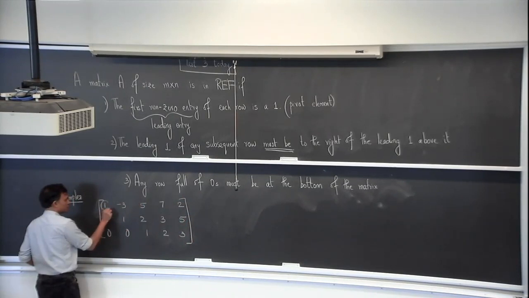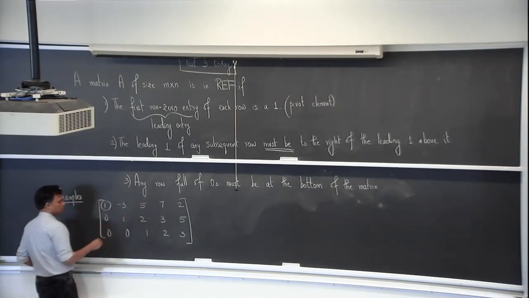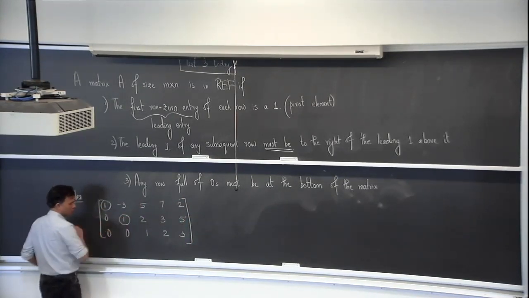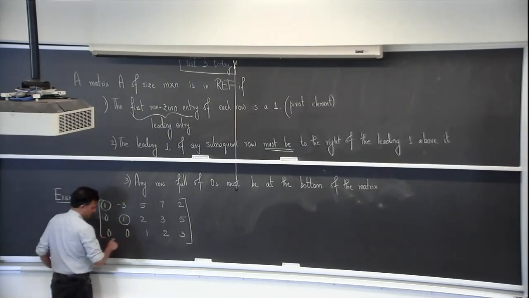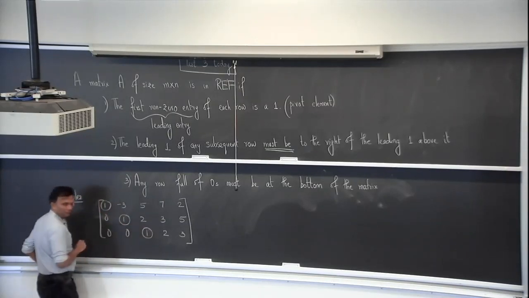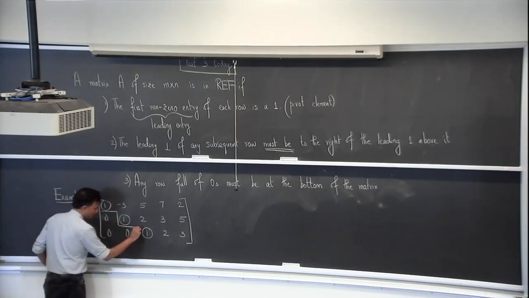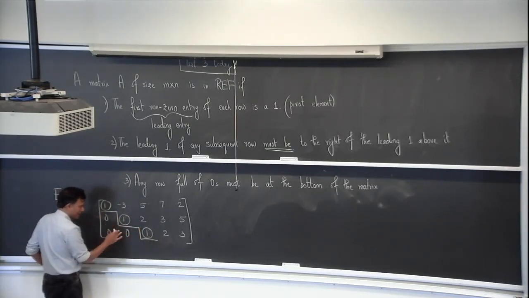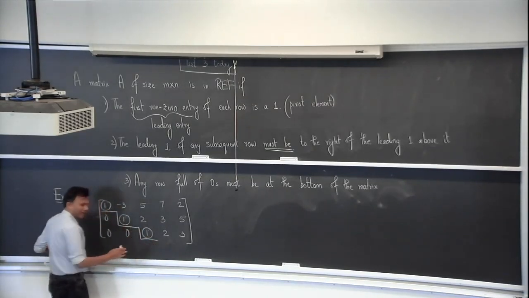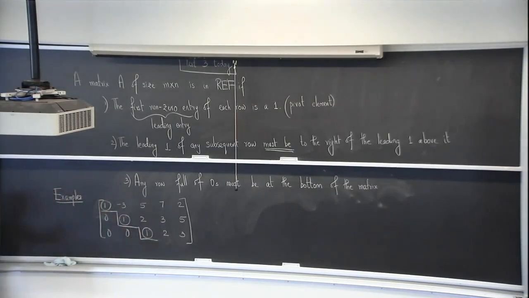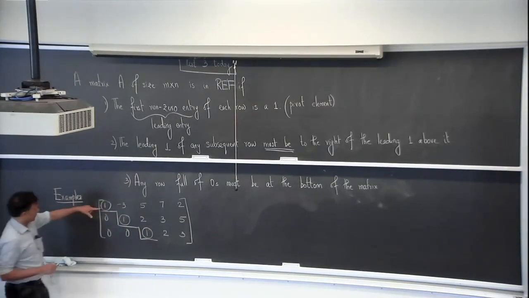The first non-zero entry of each row is a 1, and each one is shifted to the right. It doesn't have to be in this nice, beautiful pattern. It could be shifted by more than one column, but at least one column. This is what is meant by an echelon.